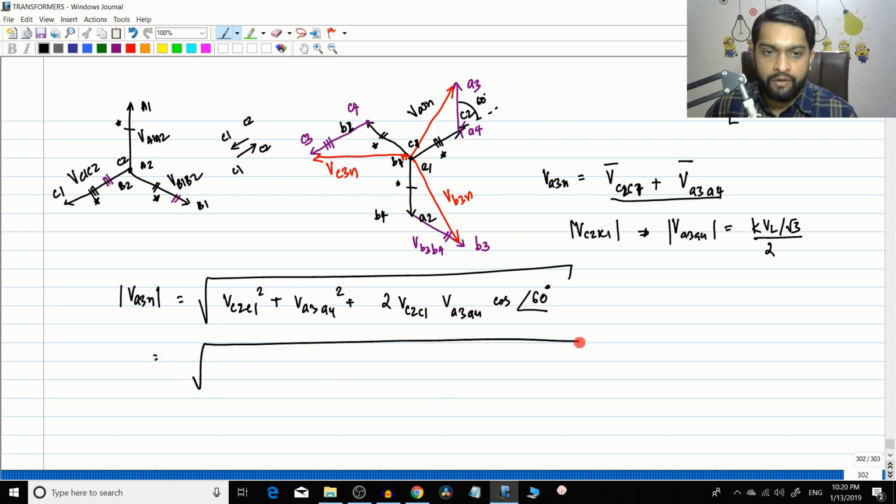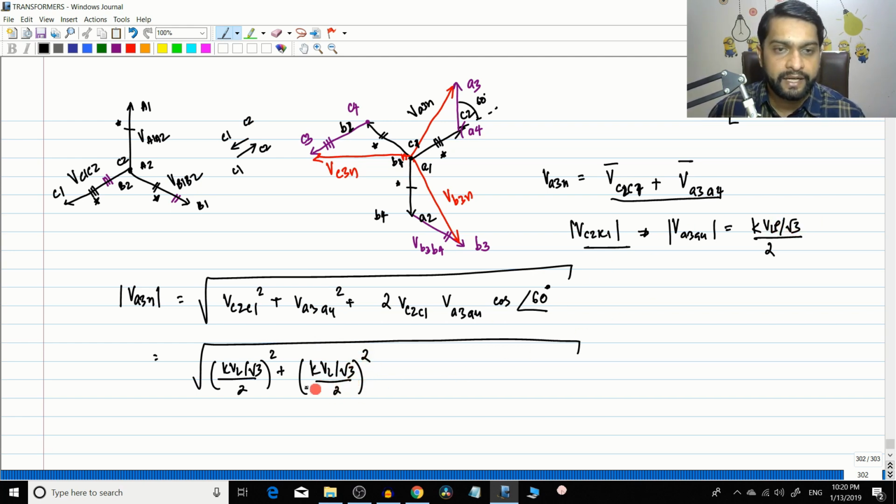And what is the value that we have already found out here? VC2C1 is K into VL divided by root 3 divided by 2, the whole squared, plus VA3A4 is also the same value, K into VL divided by root 3 by 2, the whole squared. I'll put VL primary here so that we have a little more clarity, plus 2 into K into VLP divided by root 3 by 2 multiplied by the same value, K into VLP divided by root 3 by 2, into cos 60 degrees.